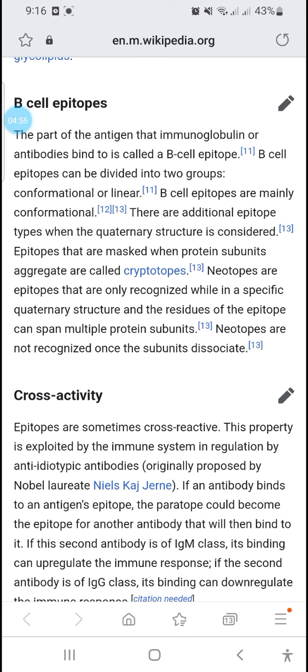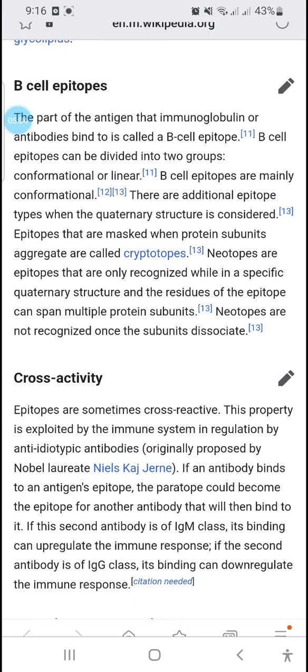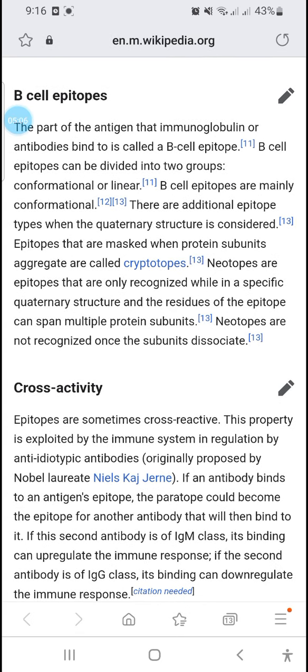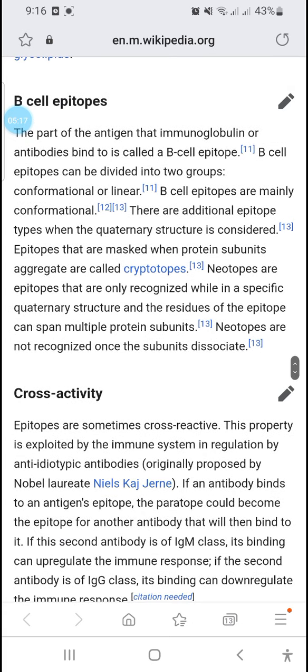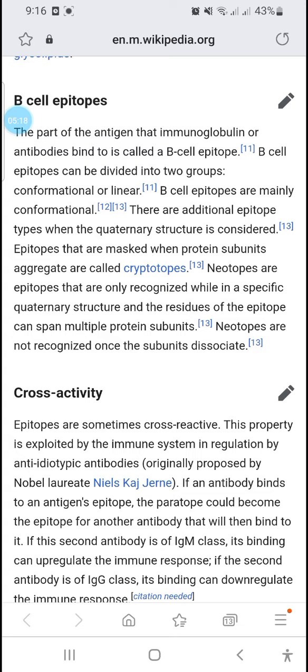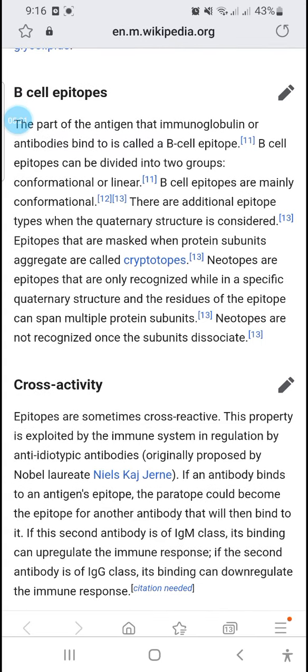If an antibody binds to an antigen's epitope, its paratope could become the epitope for another antibody that will then bind to it. If the second antibody is of IgM class, its binding can upregulate the immune response. If the second antibody is of IgG class, its binding can downregulate the immune response.